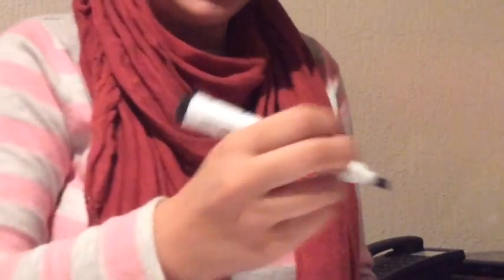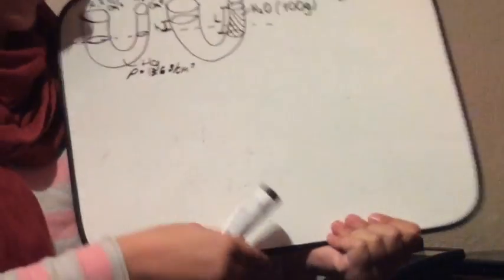So the next part says, given that the density of mercury is 13.6 grams per cubic centimeter, what distance h does the mercury rise in the left arm? So what we're trying to figure out is this.